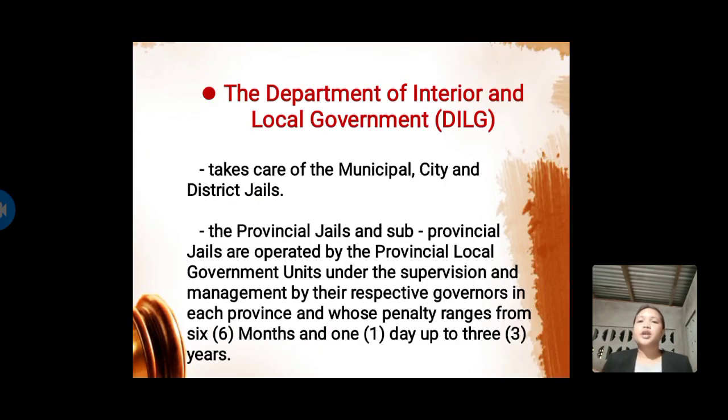So next is the Department of Interior and Local Government, known as the DILG. This takes care of the municipal, city, and district jails.